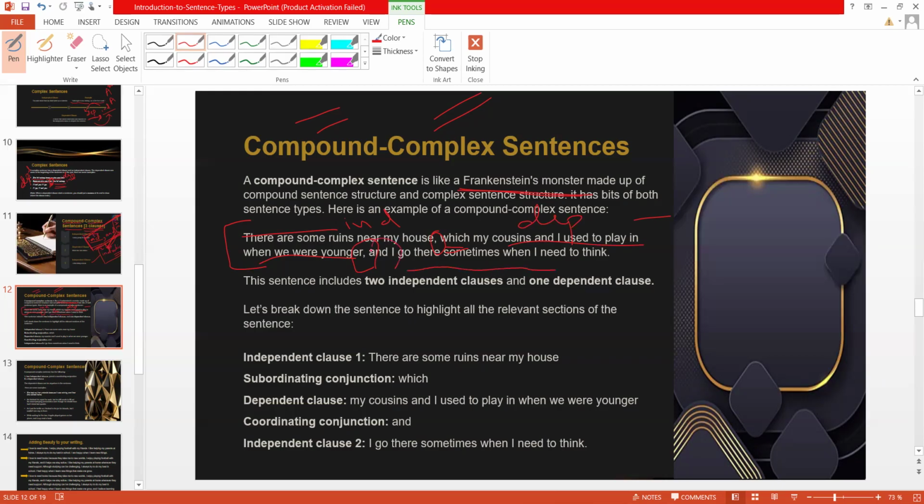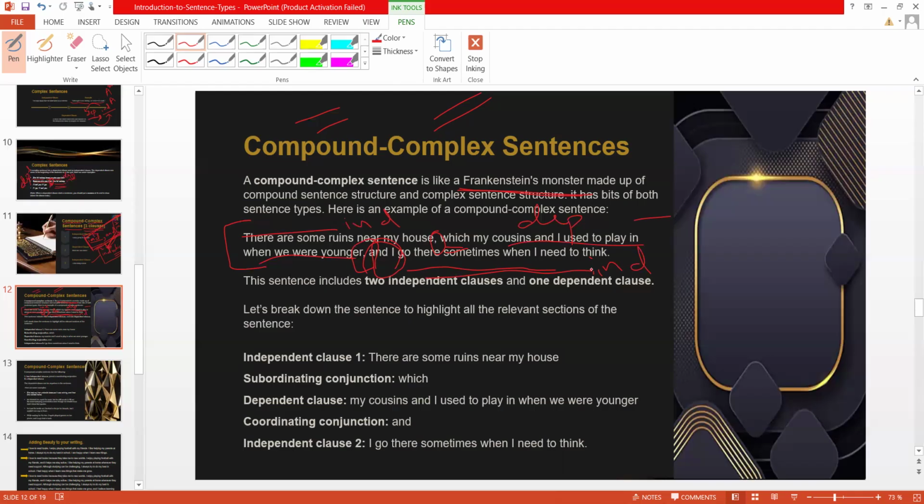Now this "and" is the coordinating conjunction and it is dividing again. I go there sometimes when I need to think. This is again another independent clause. So what we have here is independent, dependent, and then again an independent clause. Isn't it so? Now, this dependent clause is shared by a complex sentence.